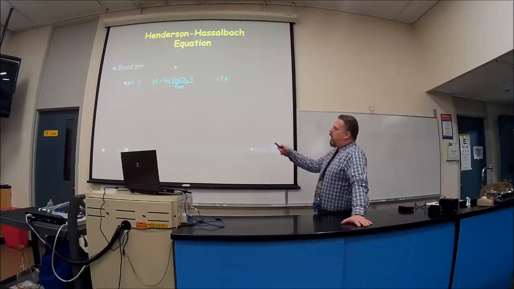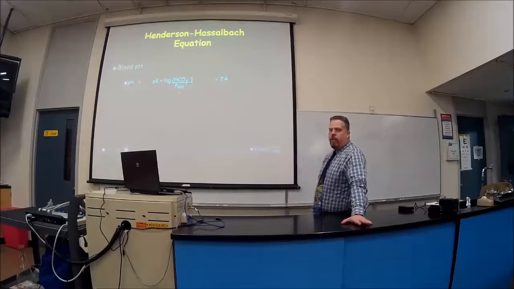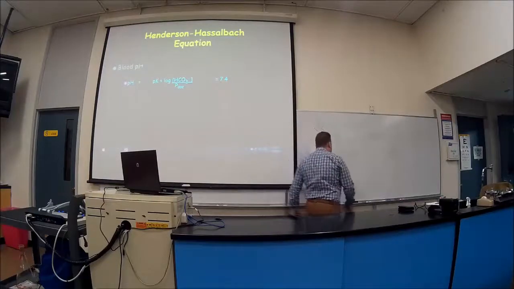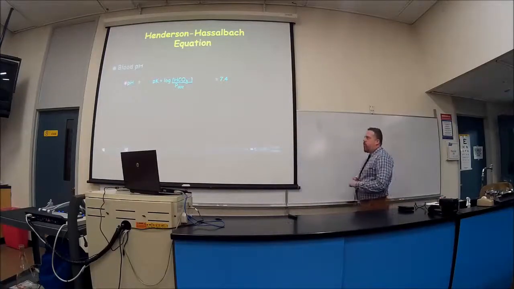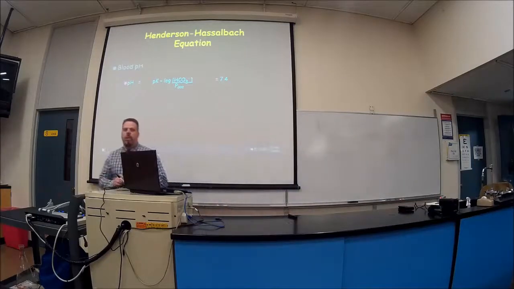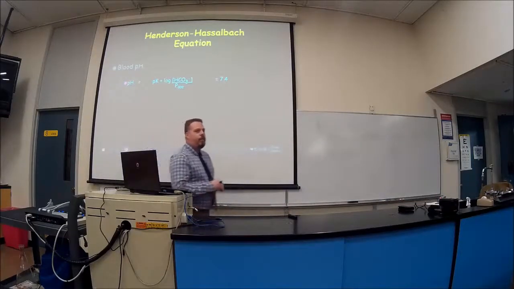And then the log of the concentration of bicarb, when you have it in brackets like this, it means concentration, over the partial pressure of carbon dioxide. Now, I'm going to make this very simple for you to really understand. You don't have to worry about this log and stuff. But if you know anything about math, when you have log of something, it's always the log of 1.